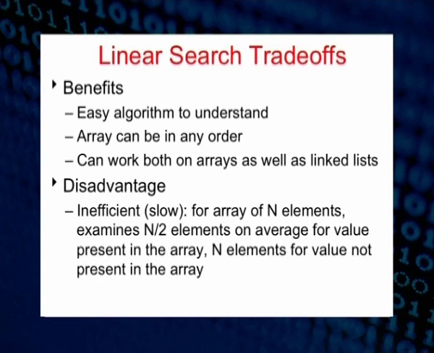For an array of n elements, it examines n by 2 elements on average for a value present in the array and n elements for a value not present in the array. Linear search is acceptable for relatively small arrays, but the process of examining each element in a large array is time consuming. An alternative to linear search is binary search.